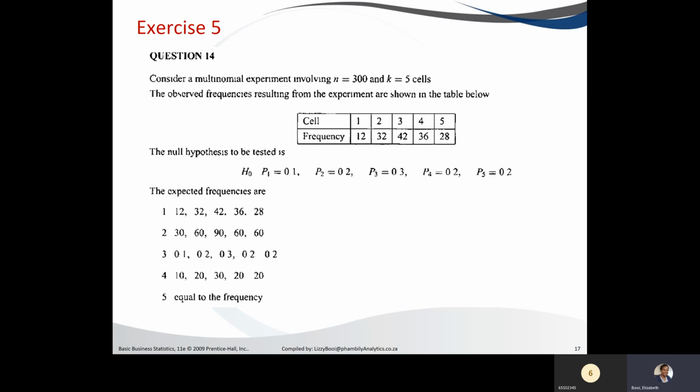Remember, so far we looked at the goodness of fit test, which means we're looking at numerical values. We're calculating the chi-square test for numerical values. Now we're going to look at how we calculate the test for categorical values.